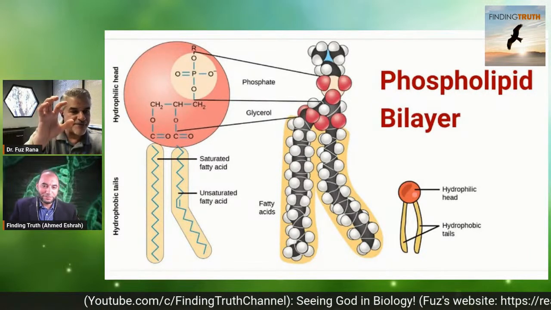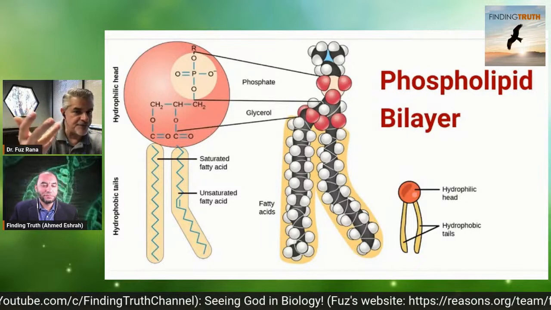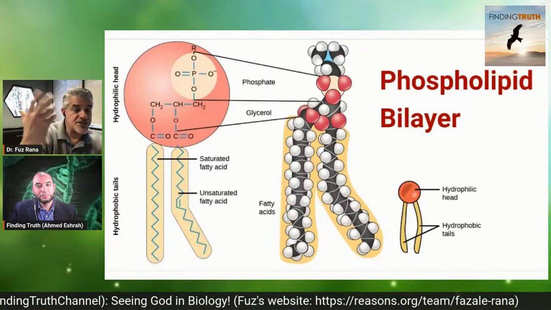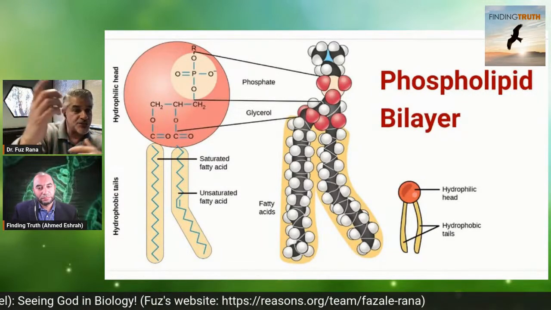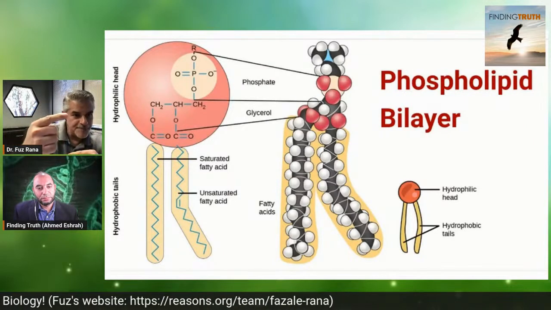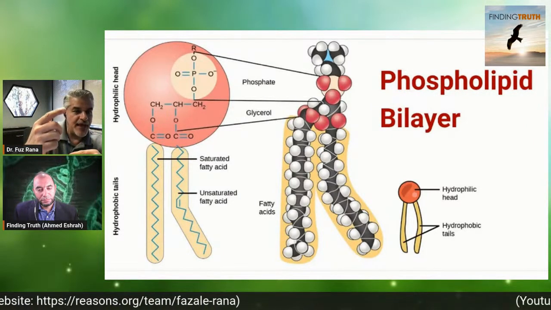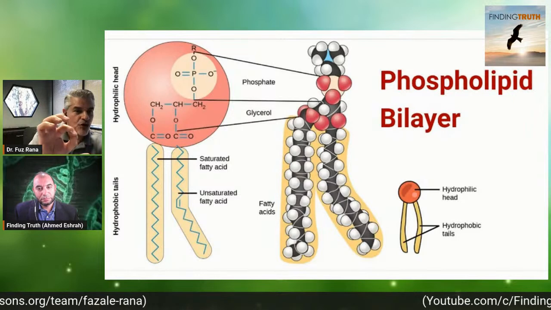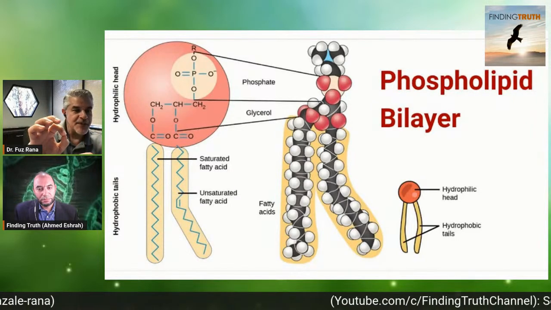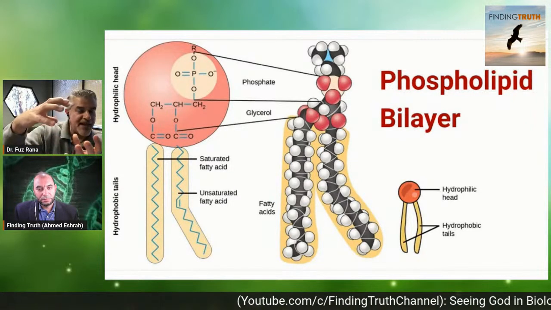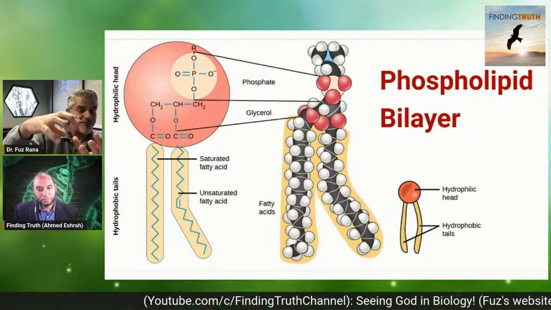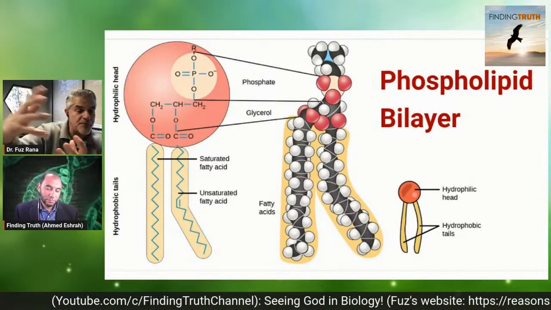You need to have a phosphate. You can't have sulfate or arsenate. It's got to be phosphate, because you have to form a diester, and you have to retain a negative charge on the phosphate in order for it to have that hydrophilic character to form the bilayer.